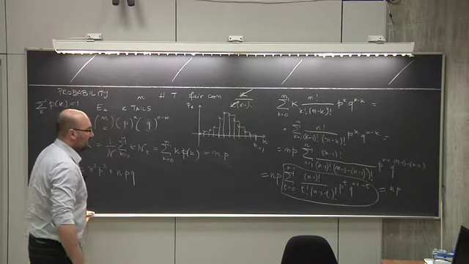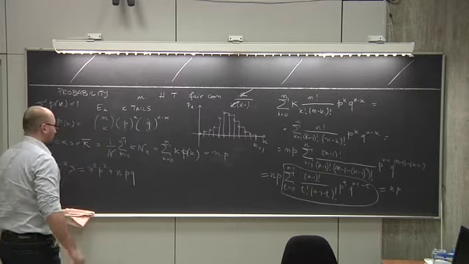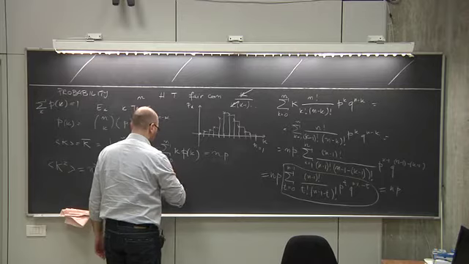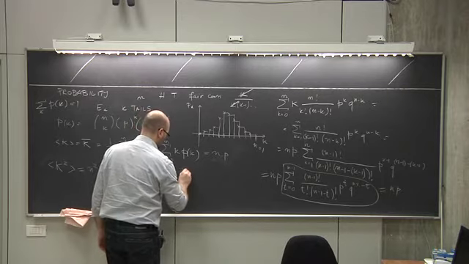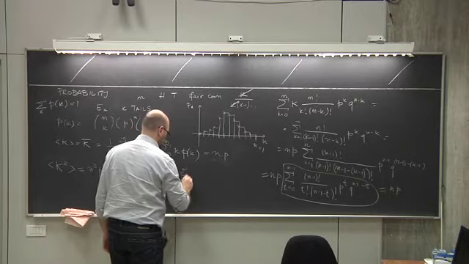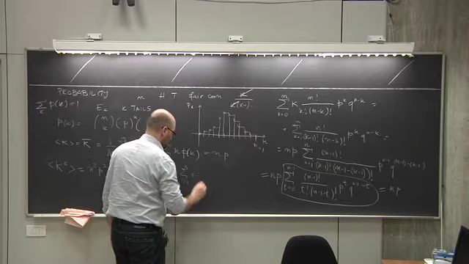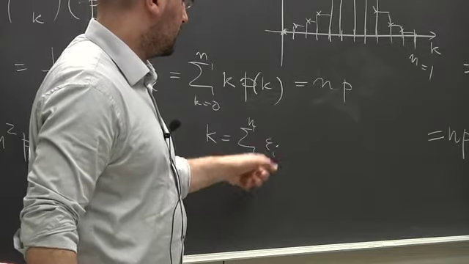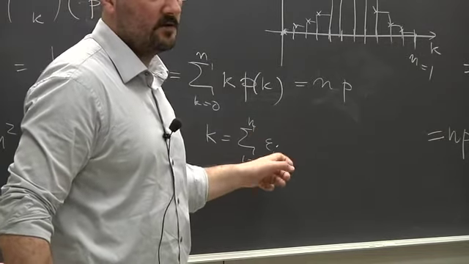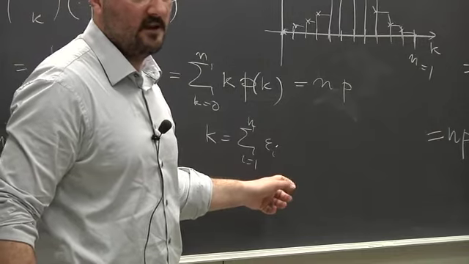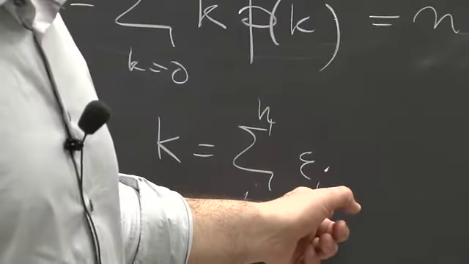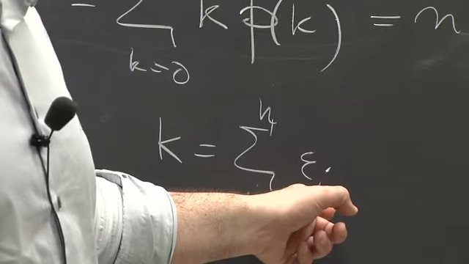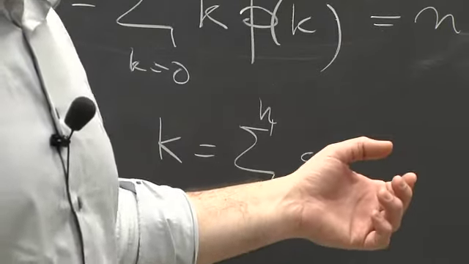There is another possibility. You can write k as the sum over i from 1 to n of epsilon i, and epsilon i is an indicator variable. If the i-th coin is tail, then it's 1. Otherwise, it's 0. Okay, this is a way to count.